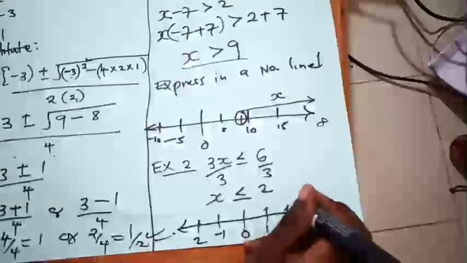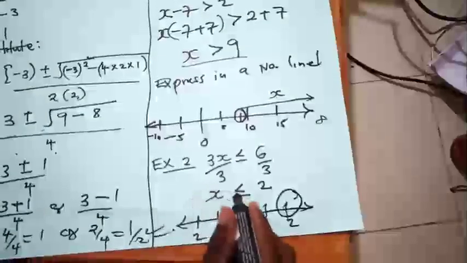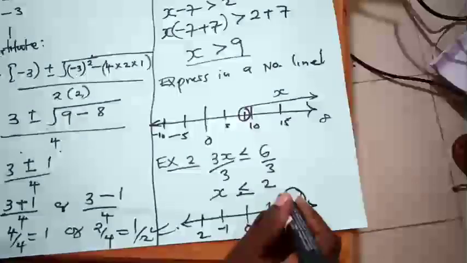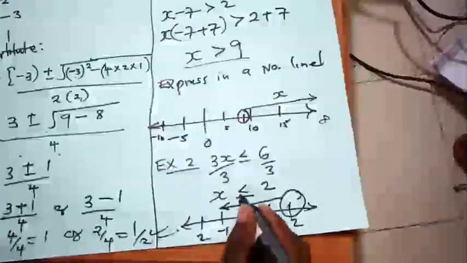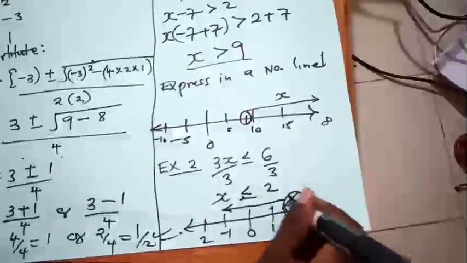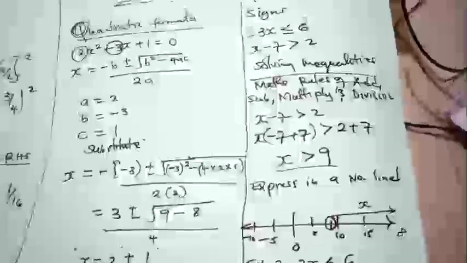Here we are talking about 2, and x is less than 2, so x is towards this side. Because it is equal to, the 2 is included, so we shade the point where 2 is. So that's how we go about inequalities.